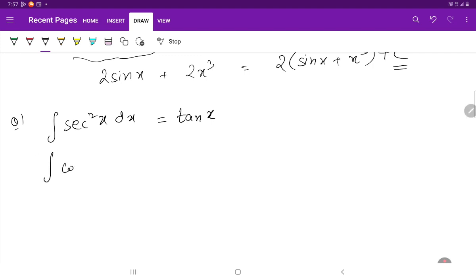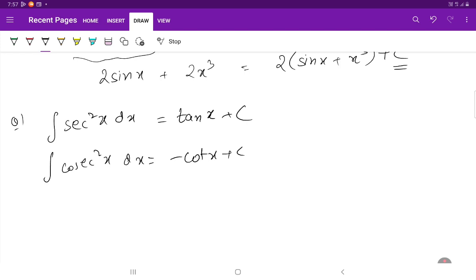Similarly, integration of cosec square x dx is written as negative of cot x plus c. Of course, the c cannot be forgotten. But if I even miss c, don't mind, because this c does not have much function in physics. c is actually used to find the initial values and initial constants, the initial boundary conditions or the final boundary conditions. So this is the application of c, nothing more.